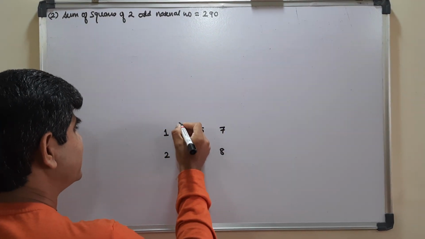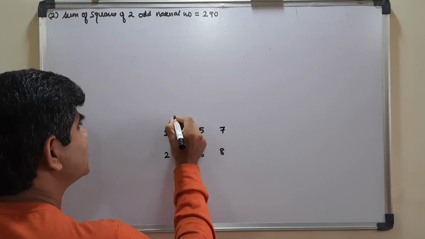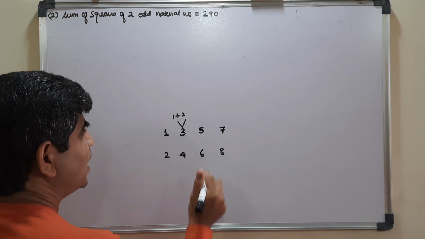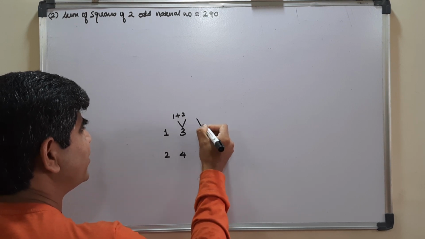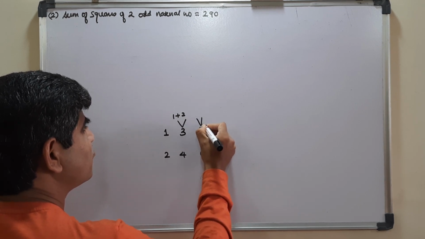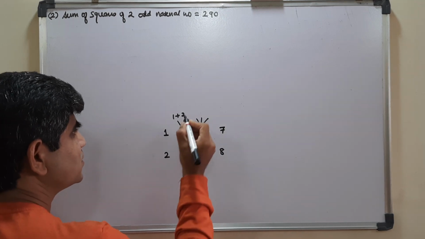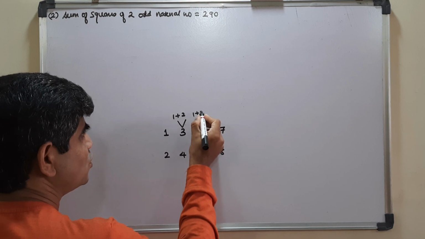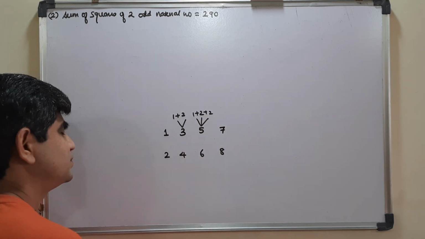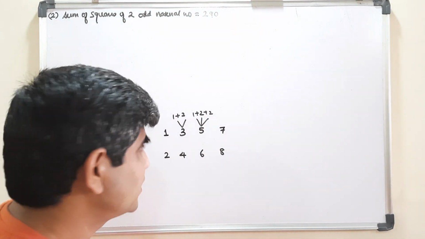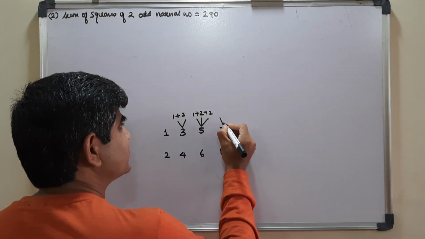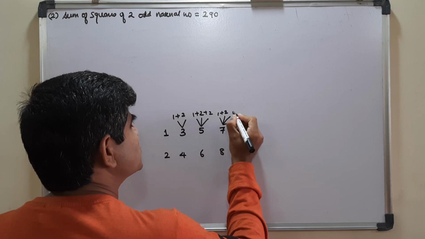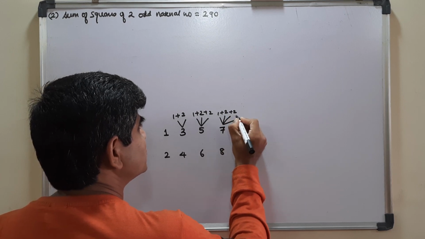How do I get 3? 3 I get by 1 plus 2. How do I get 5? 5 I get by 1 plus 2 plus 2. Right? How do I get 7? 1 plus 2 plus 2 plus 2.